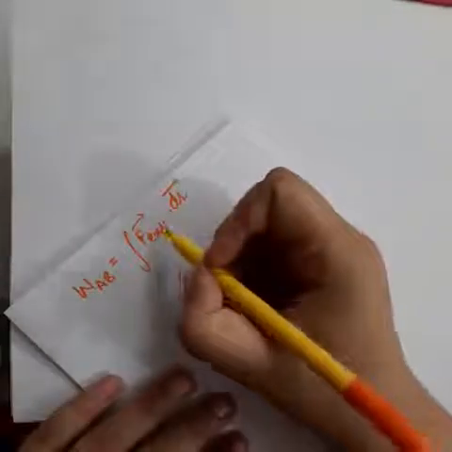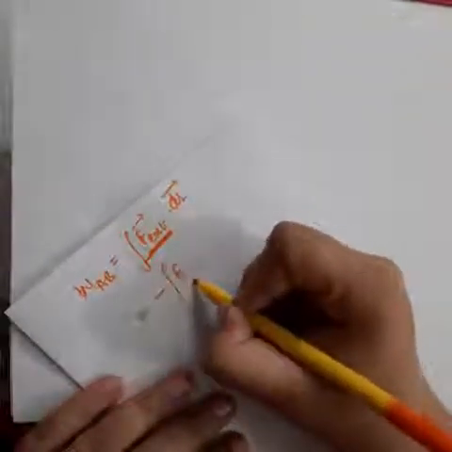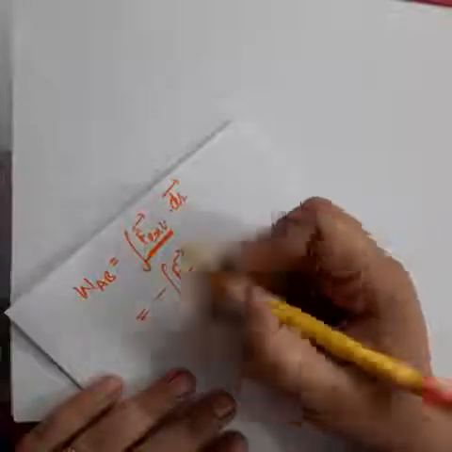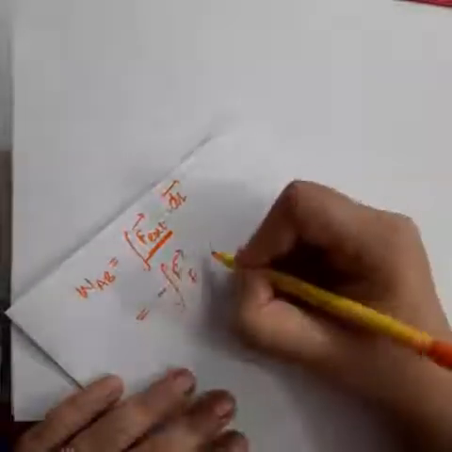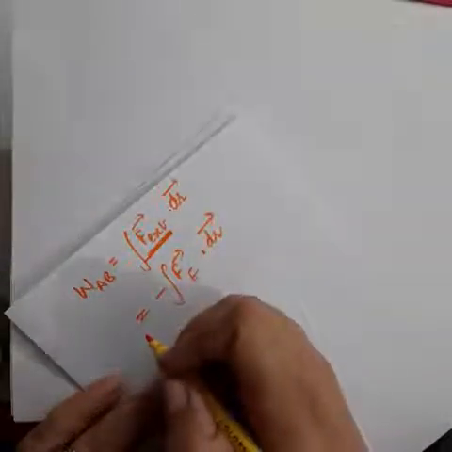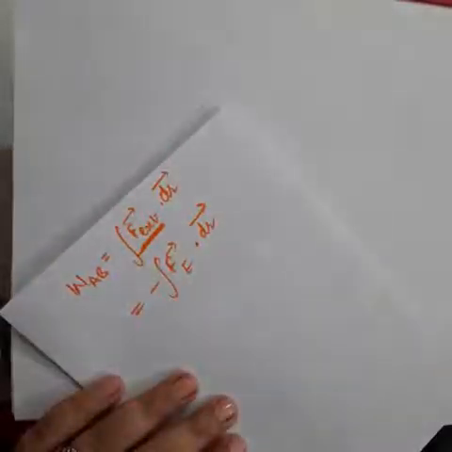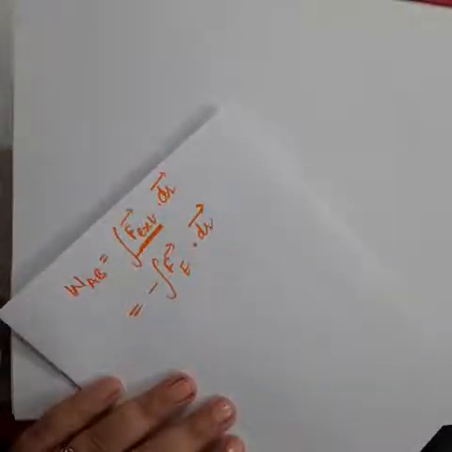So in place of this F external vector, I can write minus electrical force, because they both are equal and opposite. Minus electrical force dot dr vector. Okay, so this work done is stored in the charge in the form of its potential energy.